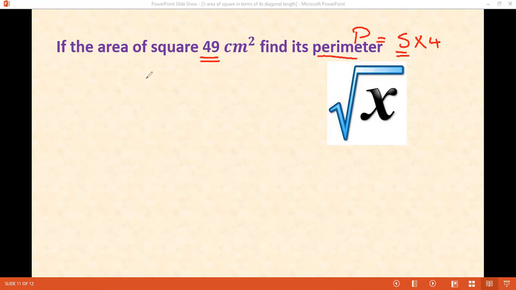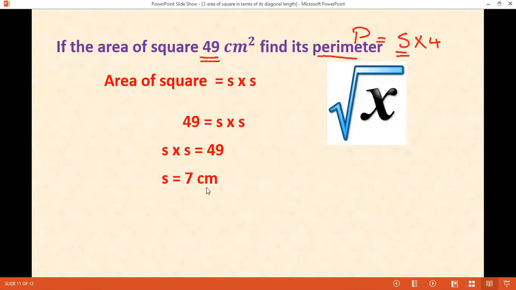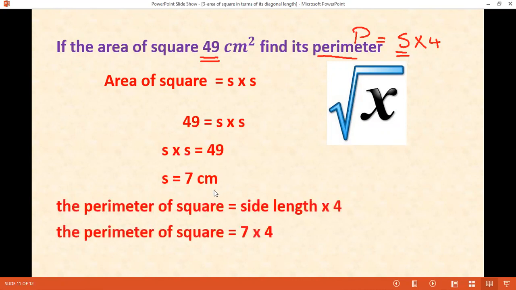The answer will be 7. And then I'm going to take 7 and multiply it by 4. 7 multiplied by 4, the answer will be 28 centimeter. Okay, that's clear.